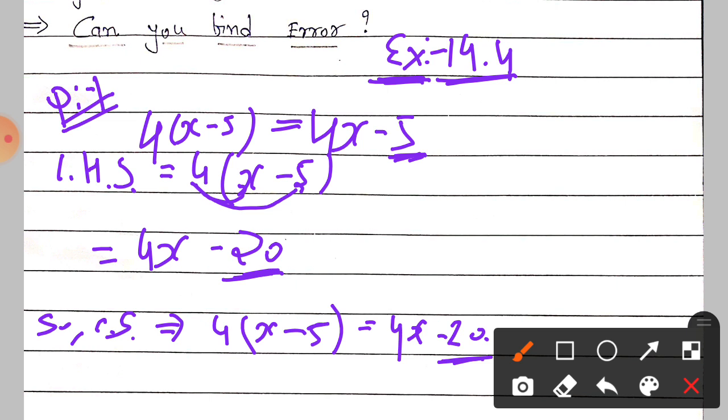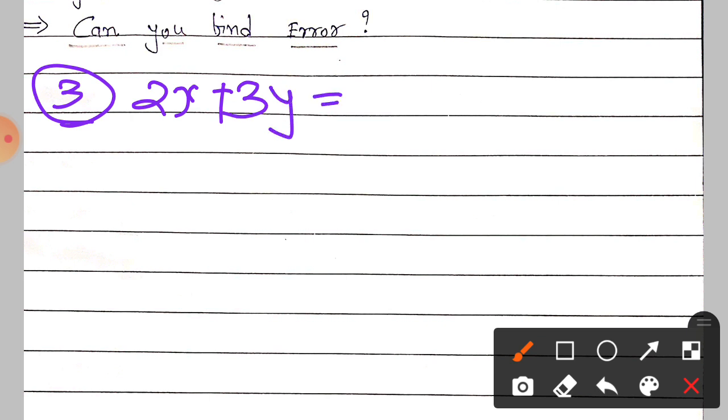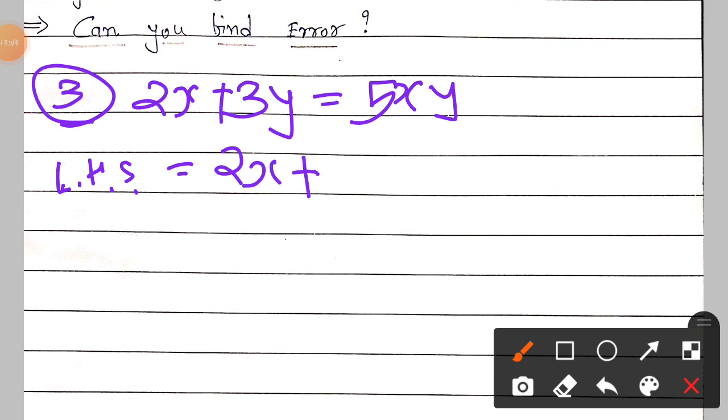Okay, so next we start with question number 3. 2x plus 3y is equal to 5xy. So take LHS: 2x plus 3y. There is no common factor here, so our final answer also remains 2x plus 3y.